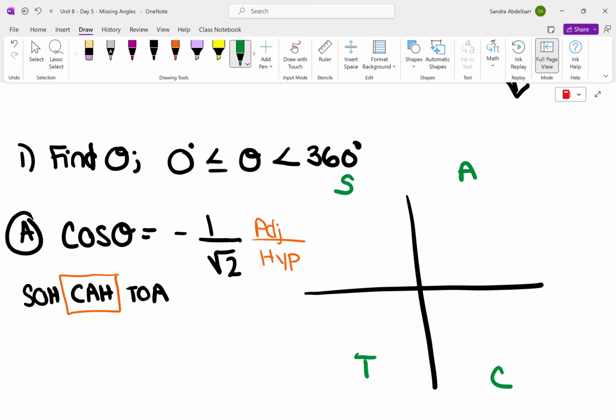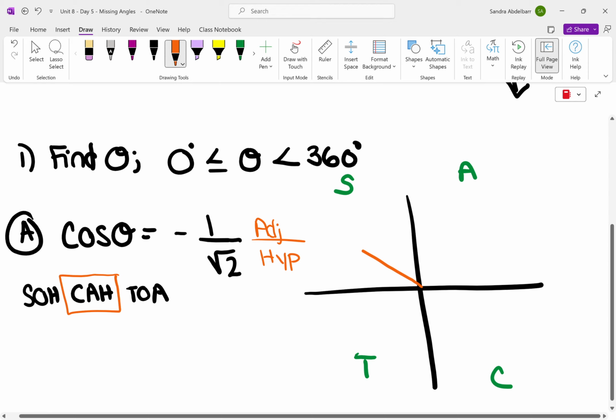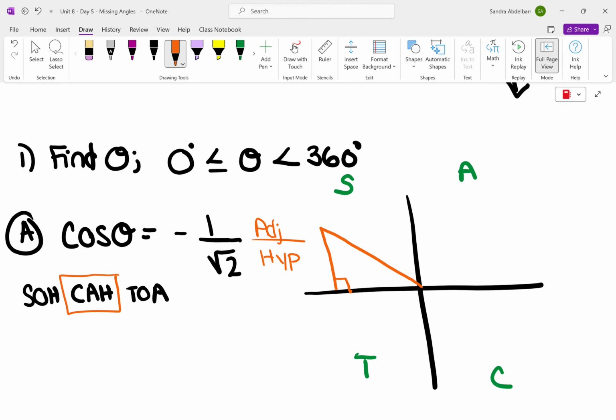So I'm making my triangle in quadrant 2 first. So I go to quadrant 2. I'm going to make my triangle there because I know that's where, one of the places, cosine is negative. The acute angle coming from the origin, I'm calling that theta. And now I'm going to label my triangle.